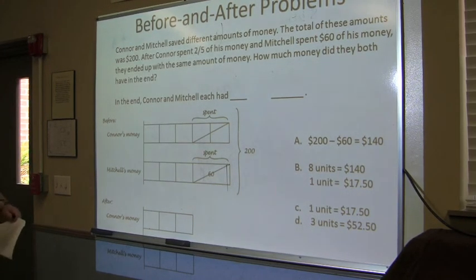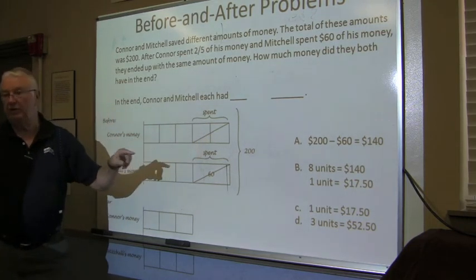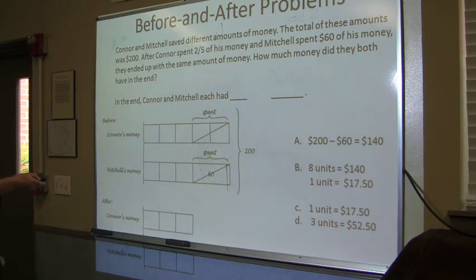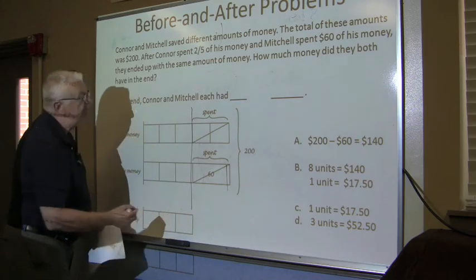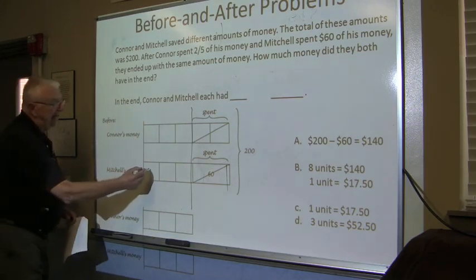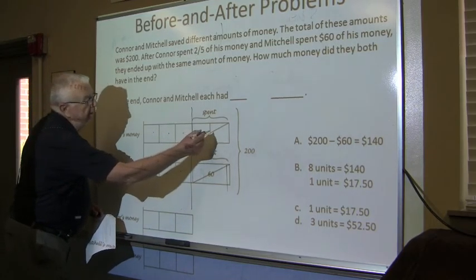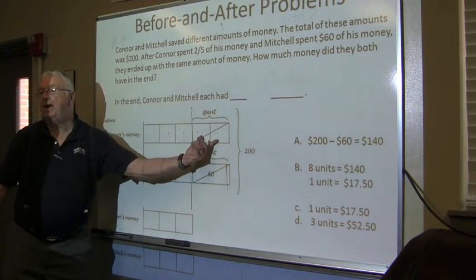So, okay, I have Connor broken out into 5 units. And then when I take away the $60 that Mitchell spent, they end up with the same amount of money. So that's 3 units down here, and then 5 units up there, because I don't know what this spent is.